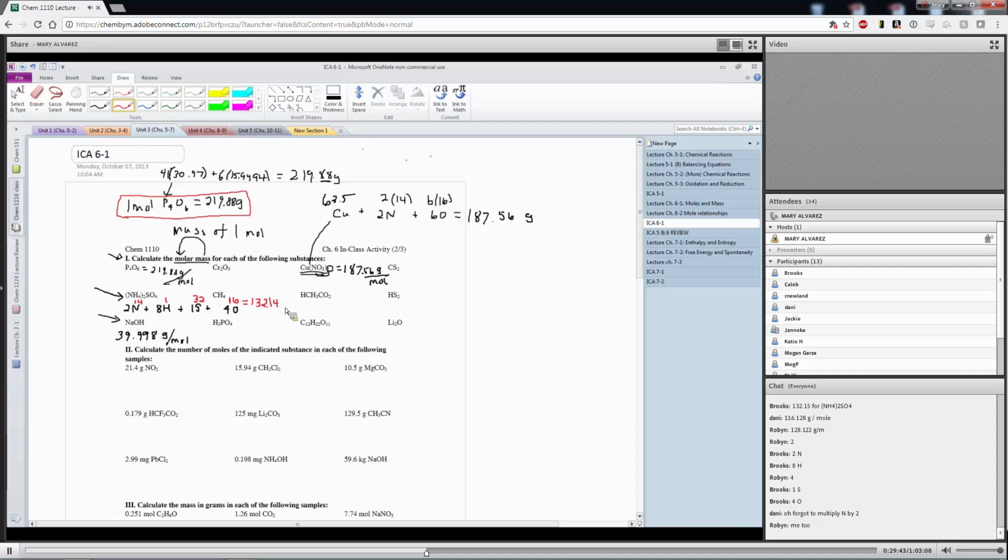132.14 grams per mole. Okay, so this is just a matter of looking up the numbers on the periodic table, multiplying them by the amount of that atom that you have, and adding it up. You will have a calculator on this upcoming exam, so I think you guys can do that. No problem.